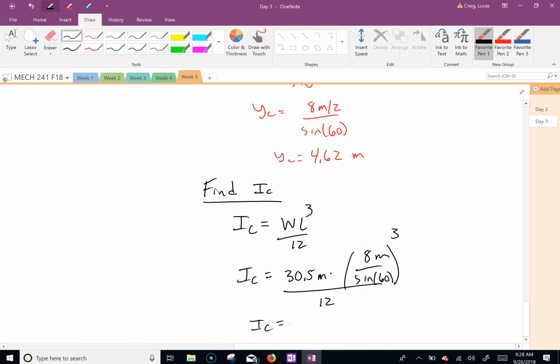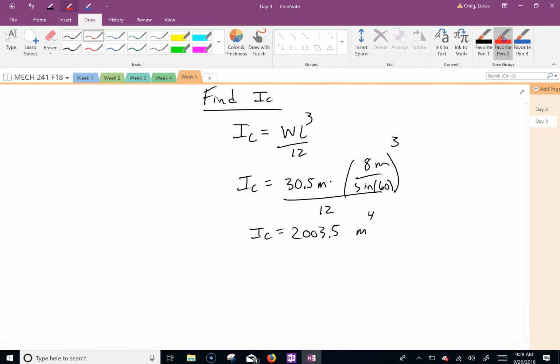The units. And the number I got is 2003.5, and it's to the fourth. You do that. I'm going to find the area, which we kind of knew was W times H over sine theta.